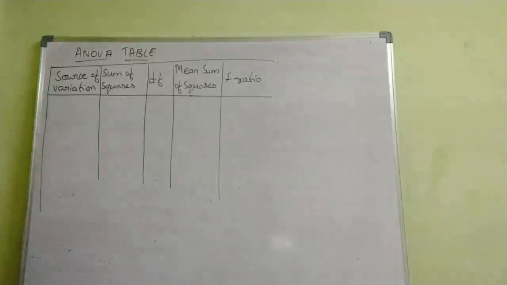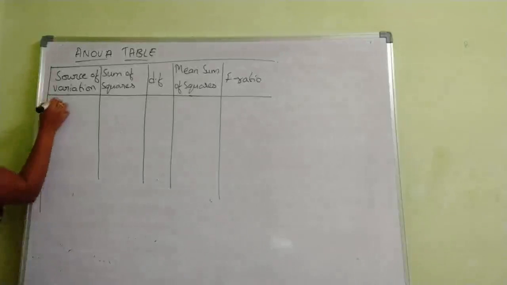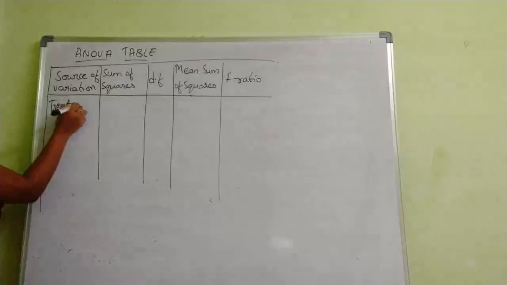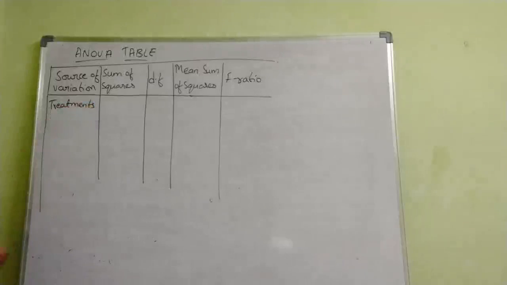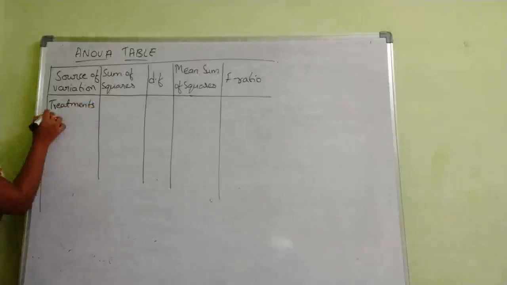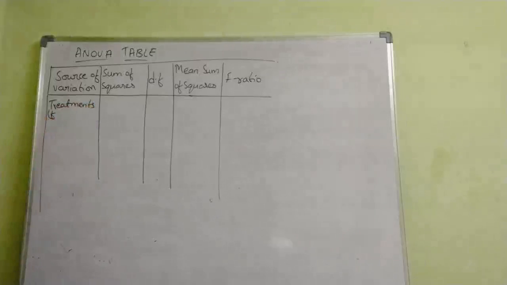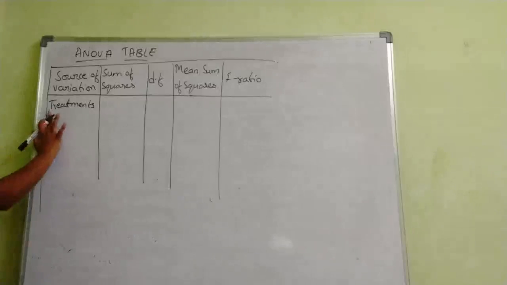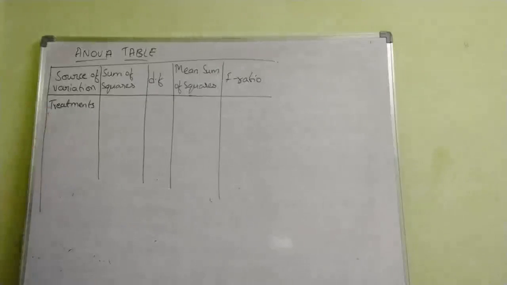So source of variations, how many sources do we have for the variations? First is treatments. So what are the treatments given here? Fertilizers, right? 4 fertilizers are used, 4 treatments. Here they have not specified fertilizers, okay, only treatments.